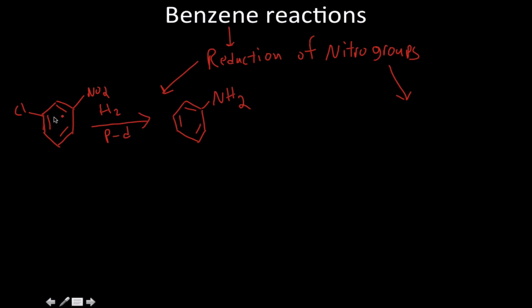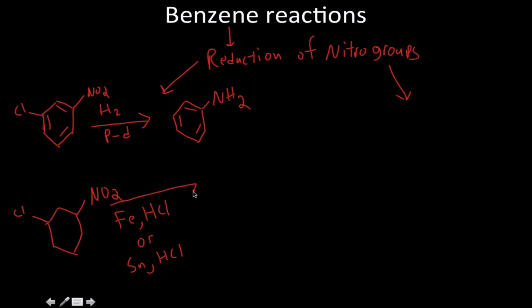But let's say that for whatever reason you wanted to keep that halogen attached. Well, that's okay. You do a similar reaction, which will totally get rid of that super toxic NO2 group. What you can do is treat it with iron and hydrochloric acid, or I think that's tin and hydrochloric acid.